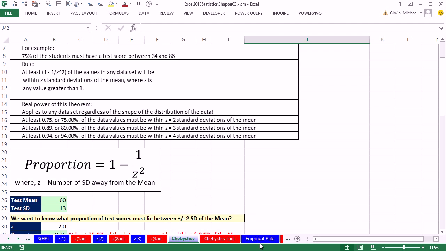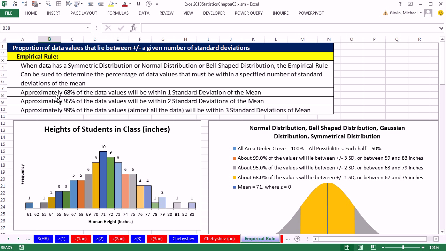So when we go over to the empirical rule, the reason we're allowed to make a larger percentage statement about a given number of standard deviations is because it's bell-shaped. The innate shape of a bell shape, or normal distribution, or Gaussian, or symmetrical distribution, it means that there's many more values in the middle.